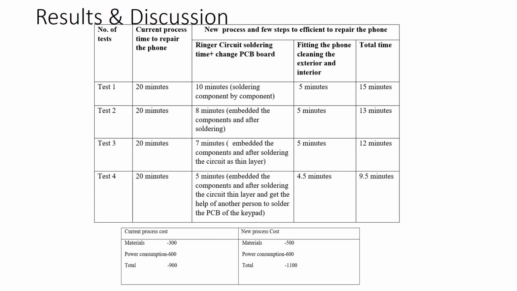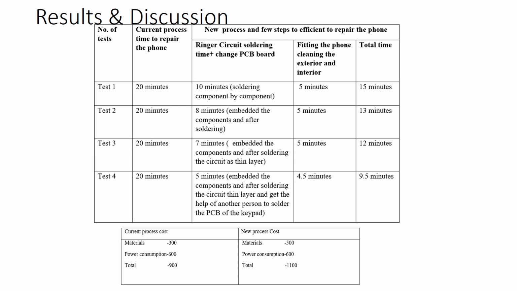When it comes to test 2, the current process is the same 20 minutes, but the new process again reduces the time. It is now 13 minutes, because the components are embedded and then soldered. That is the method the technician used to efficiently get the final output of the telephone repairing.